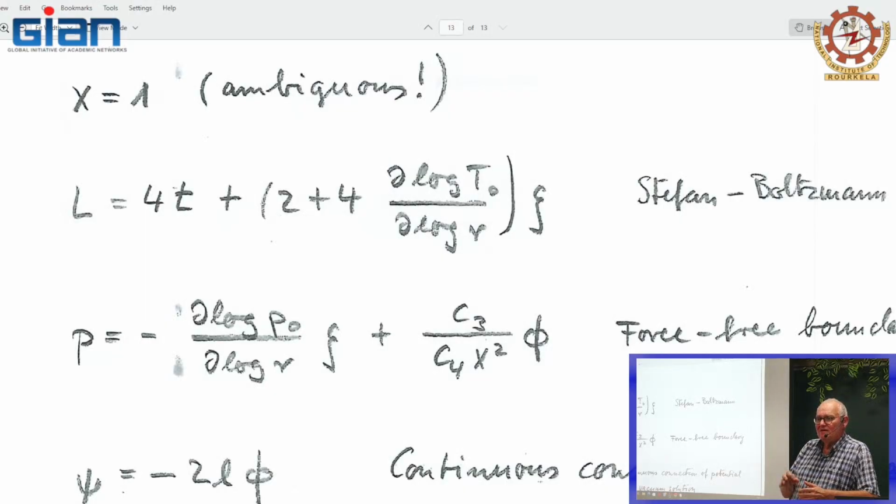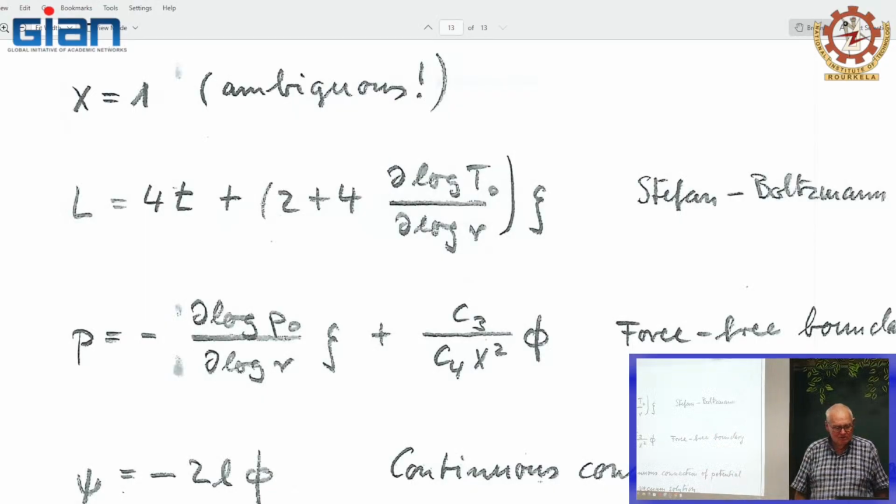And that means that the co-moving pressure perturbation should be taken to be 0 and not the pressure perturbation at one fixed point, because the surface of our star is allowed to move. Okay? So this is the Lagrangian pressure perturbation, which is set to 0.